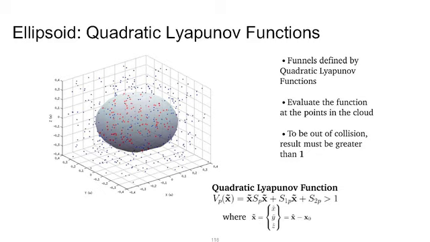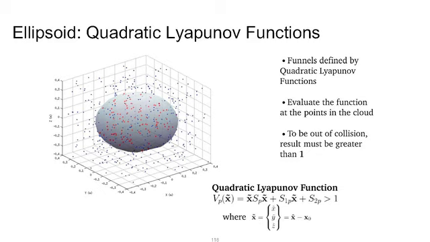So that was the equation for an ellipsoid that Gabriel showed previously. The quadratic Lyapunov function has the same structure, where you have x tilde, which is basically the error of your state. So it's some kind of x hat being the state that you're actually in, minus x0, which is the nominal point that you want to reach.